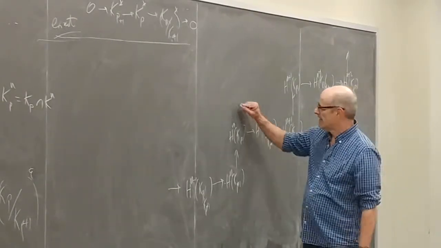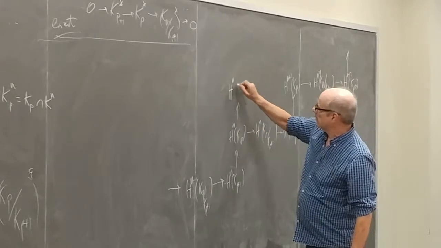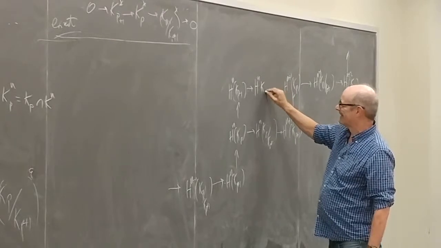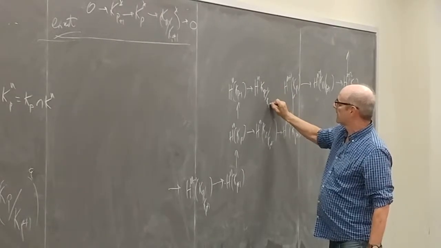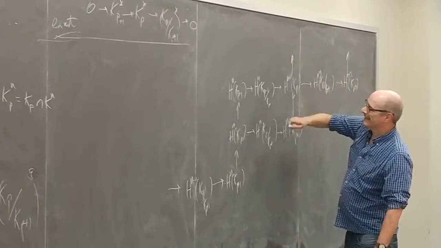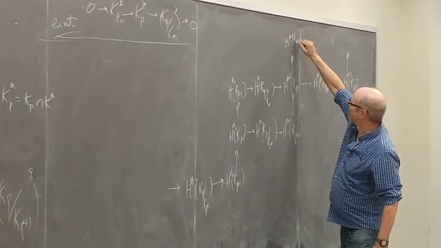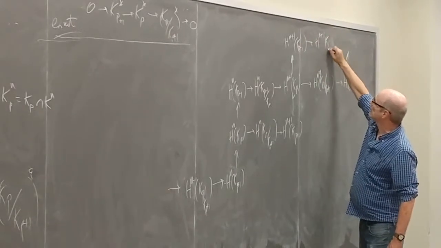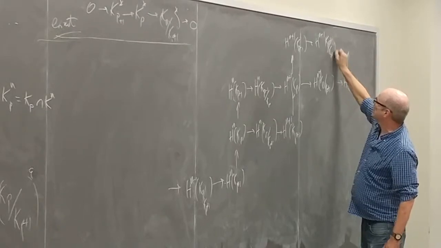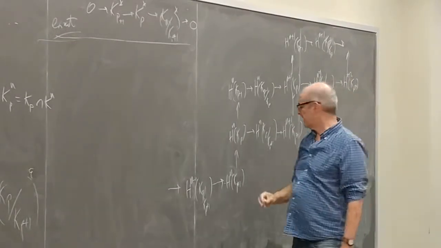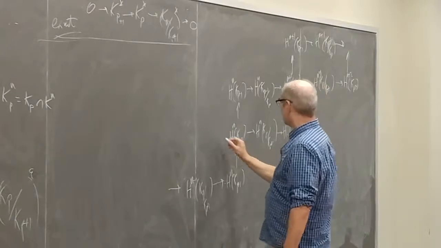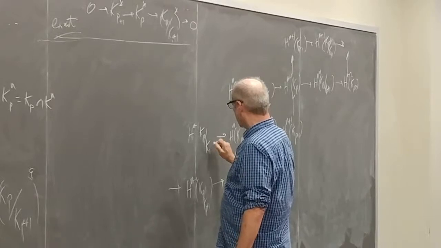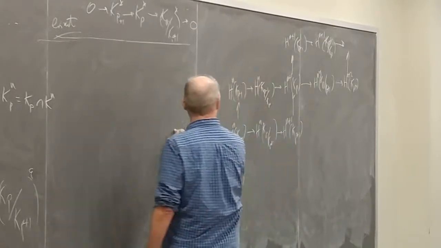Okay, so if I look at the next one, this would be KP minus one, going to HN of KP minus one KP, like so, and then I have HN plus one KP minus one, so HN plus one KP minus one mod KP, and so minus one KP, and so on.